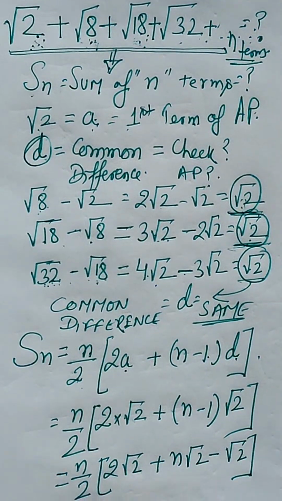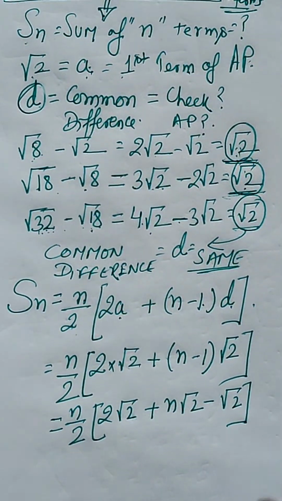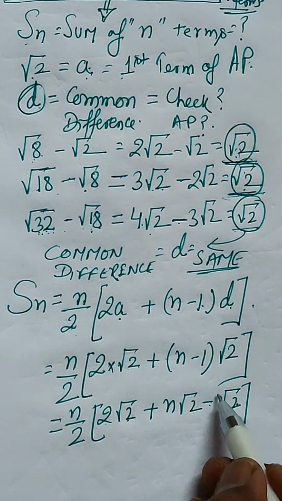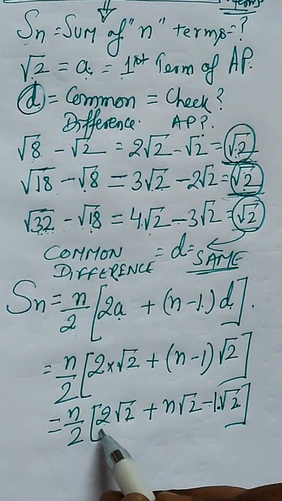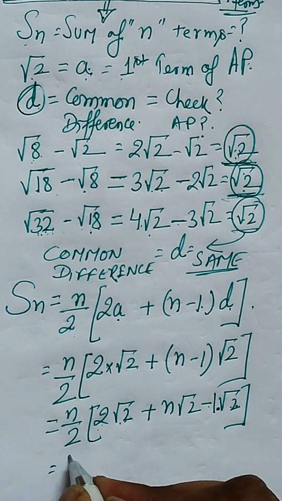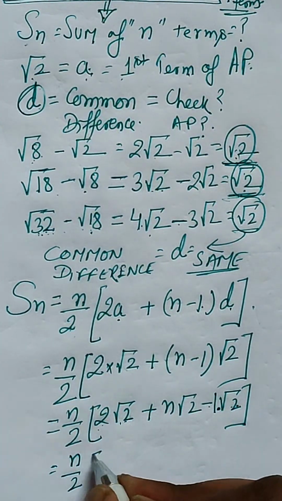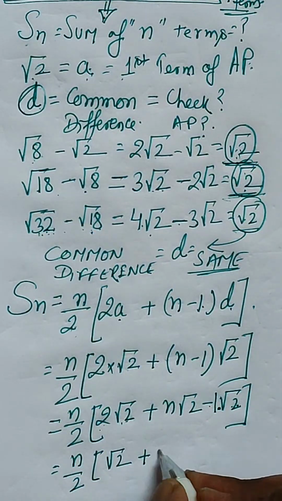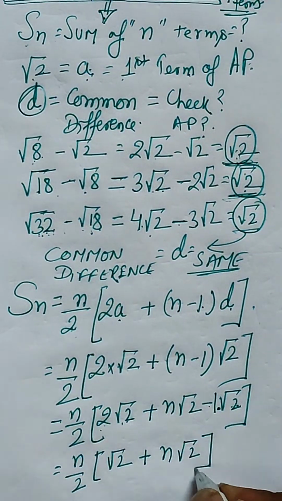So now you can see 2 times root 2 minus 1 root 2, this will be equal to root 2. So this will be coming as n by 2 times root 2 plus n root 2, right?